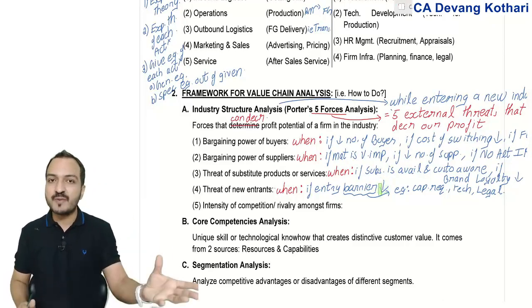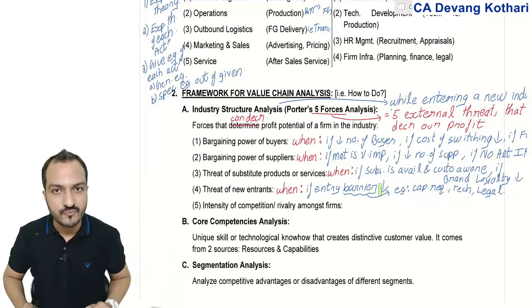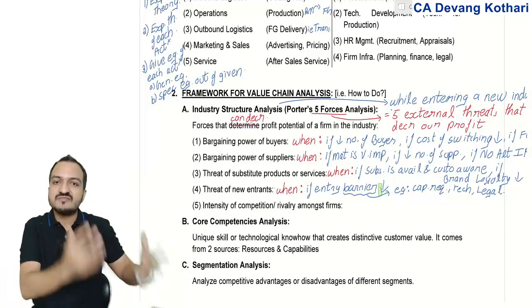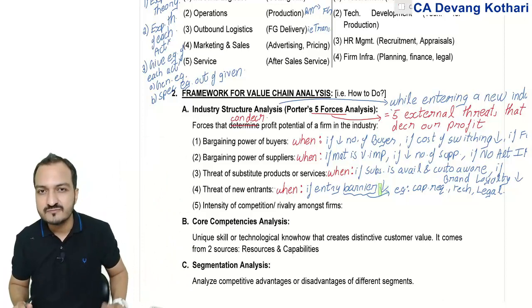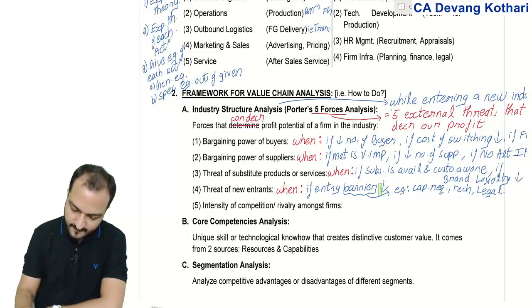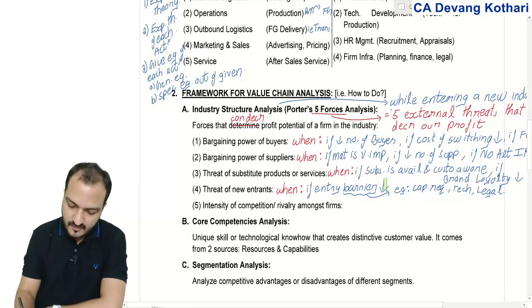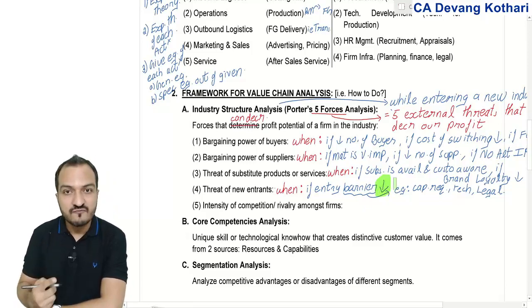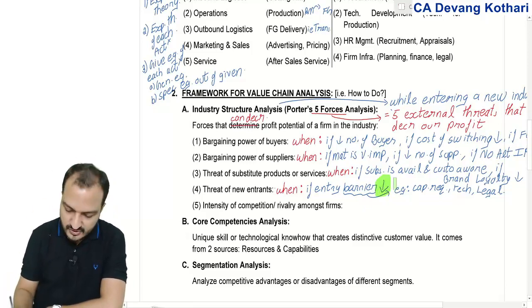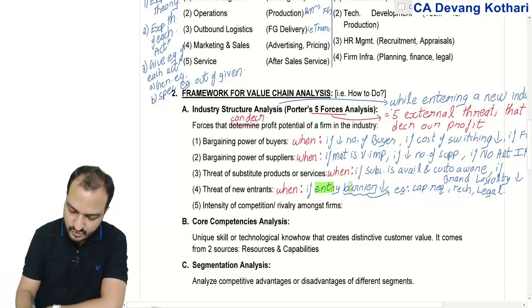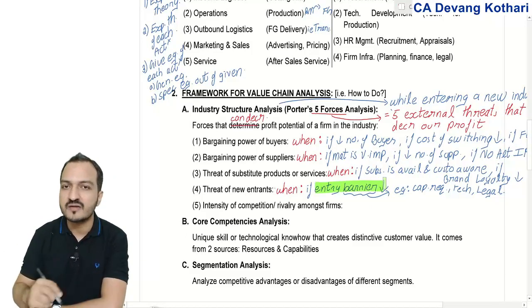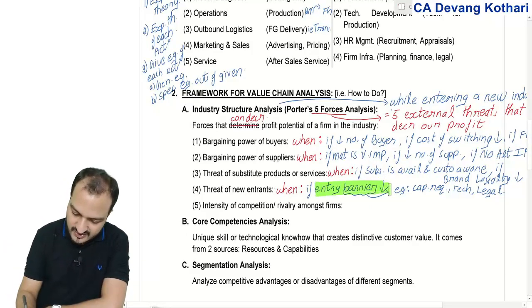Even tax practitioners can file IT returns for you. Even the individual himself can file his own IT returns. So for tax filings, entry barrier is less, but for audit filings, entry barrier is more. So depending on the nature of business, you need to know whether your entry barrier is more or less. If the entry barrier is less, then there is threat of new entrants.